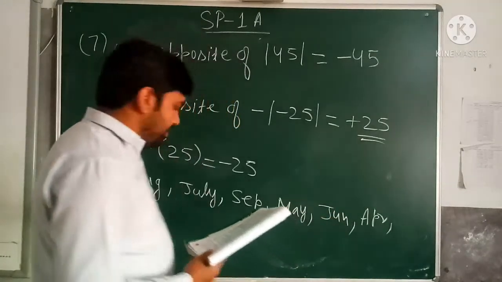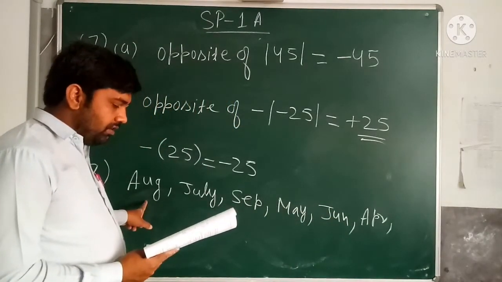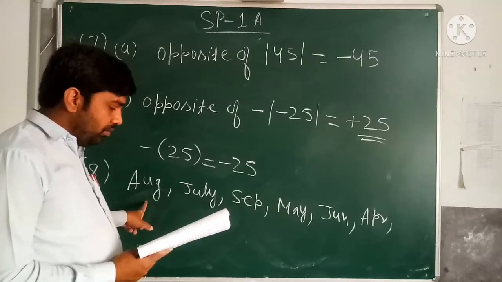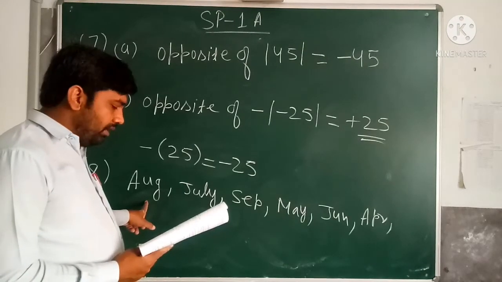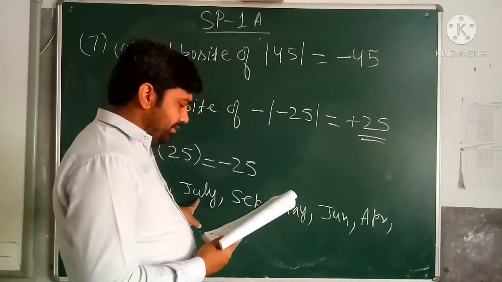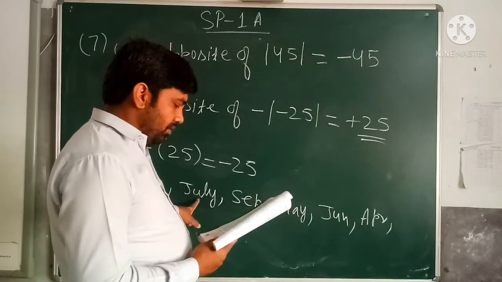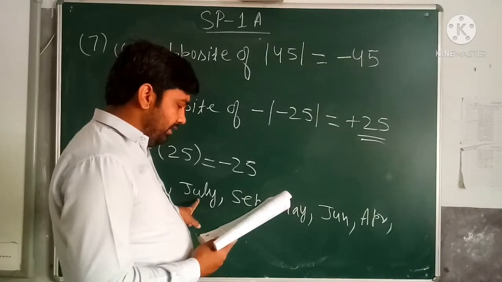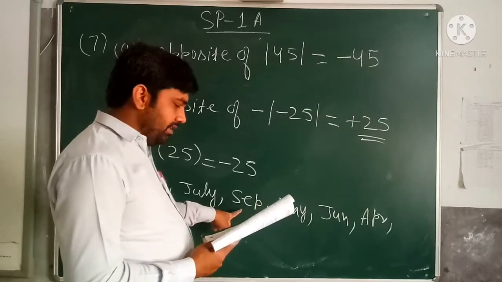So first of all, August is the coldest, minus 90, the lowest temperature. After that, July minus 88, and after July, September minus 87.